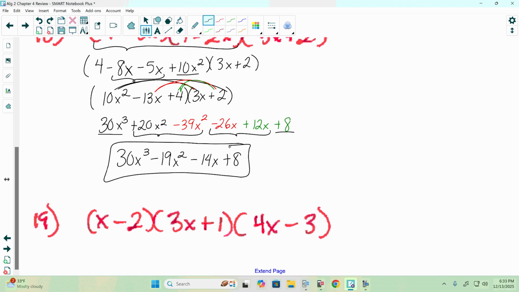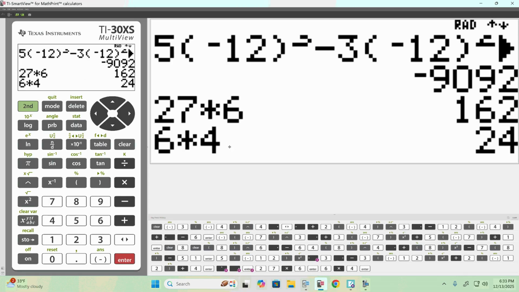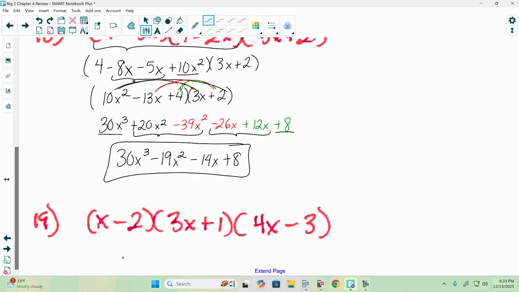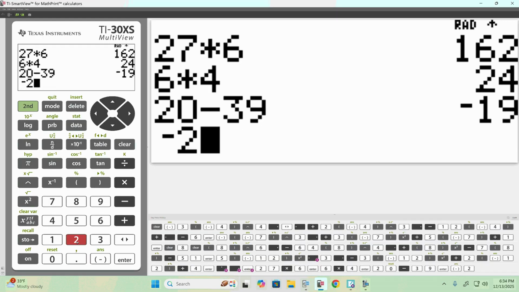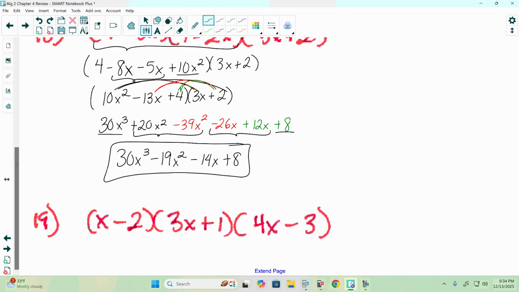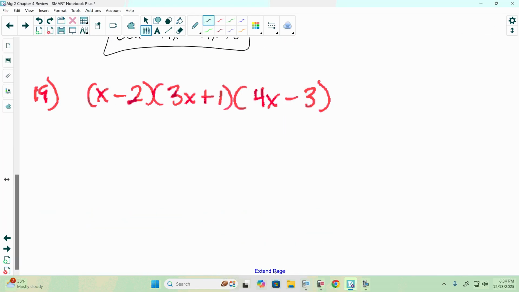And even with these here, 20x squared minus 39x squared, I can do 20 minus 39, negative 19, which is what we got. Negative 26 plus 12 is negative 14. We can plug the coefficients, the numbers in front of those variables, into the calculator.